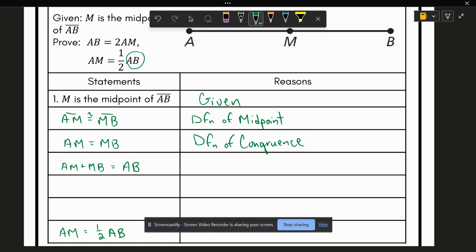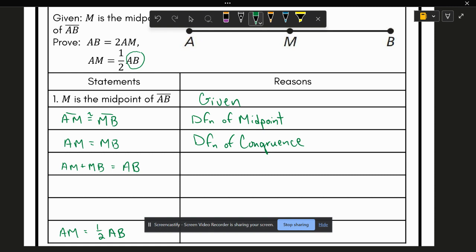Why is it the definition of congruence when it's equal? The question was, why is it the definition of congruence when it's equal? The definition of congruence is the terminology that we use in order to go from congruence to equality, or equality to congruence. Every single time you always use that same terminology.